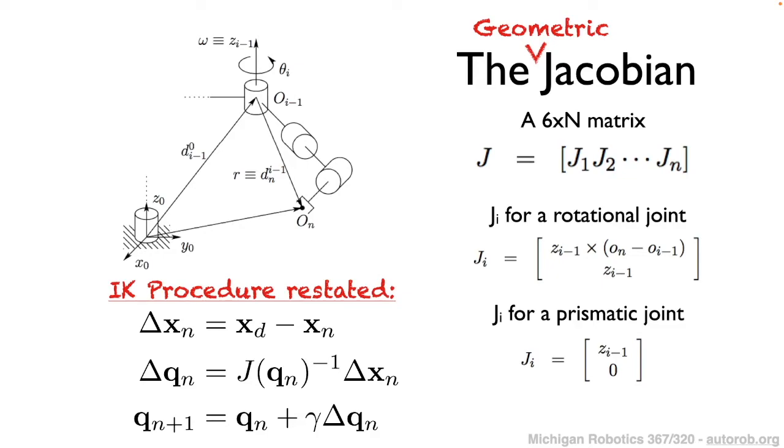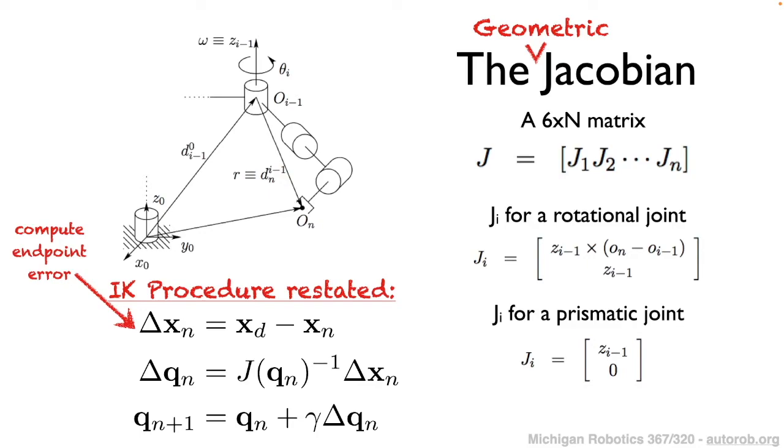Based on this Jacobian, what we can do for inverse kinematics is what's illustrated on the lower left-hand side of the slide. The first thing is we can compute the end effector error, this displacement based on our desired pose of the end effector and our current pose of the end effector.